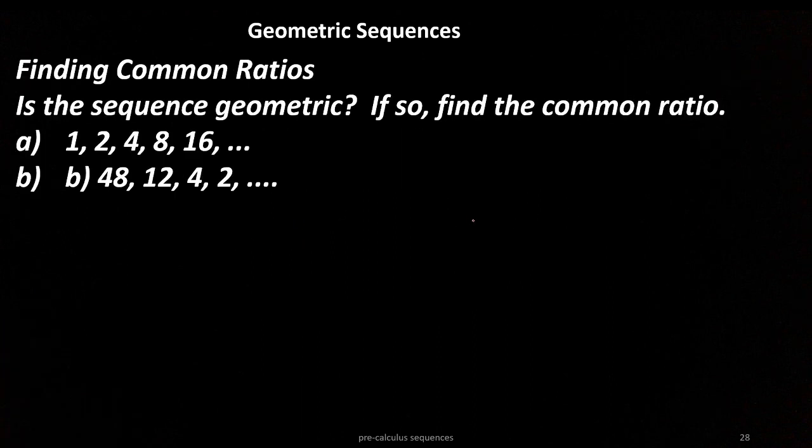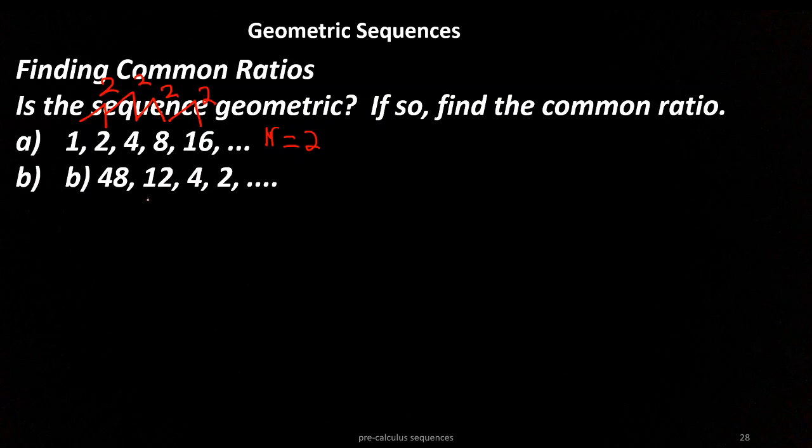Okay, so are these geometric? Well, we divide. 2 divided by 1 is 2. 4 divided by 2 is 2. 8 divided by 4 is 2. 16 divided by 8 is 2. Yes, this is geometric. And the common ratio is 2.